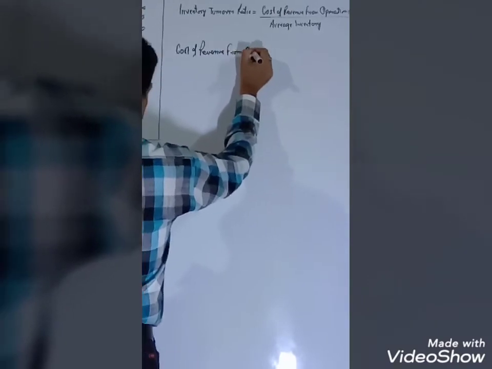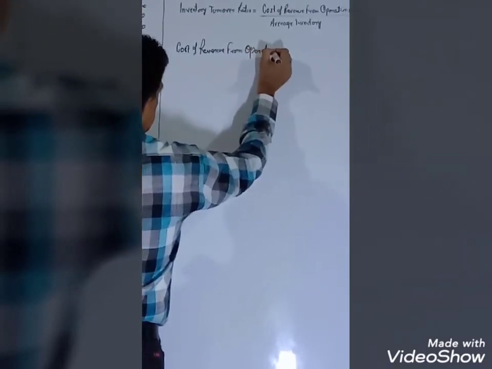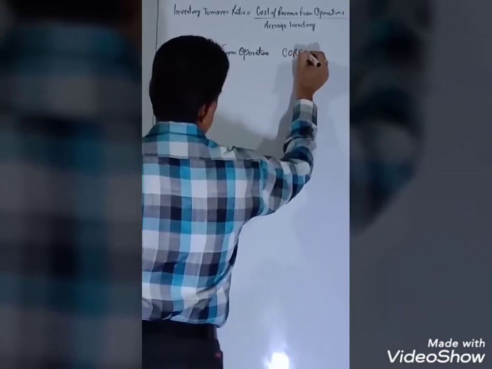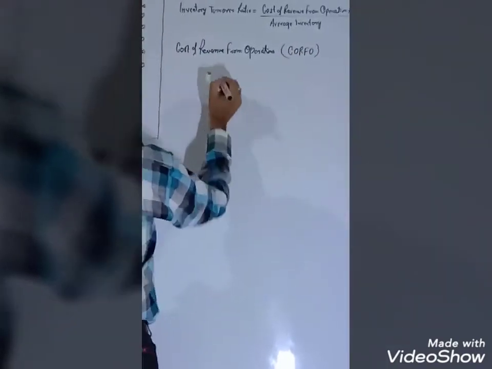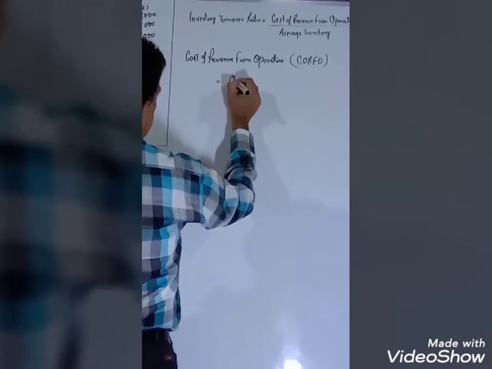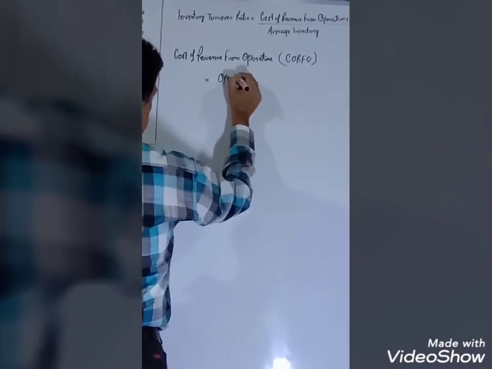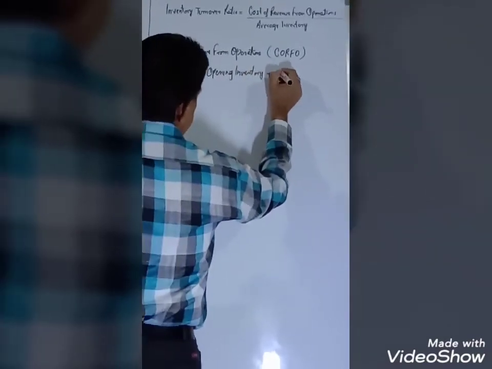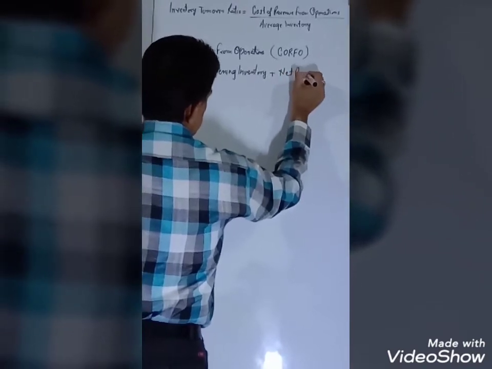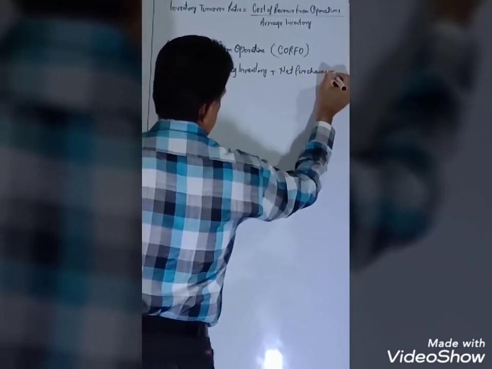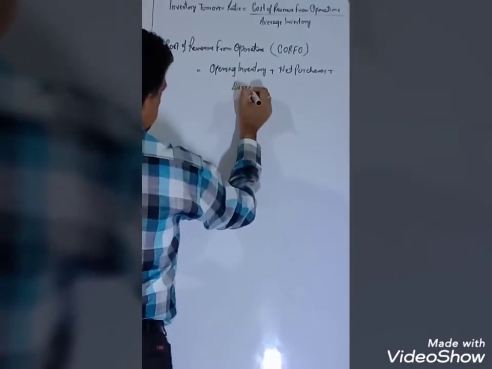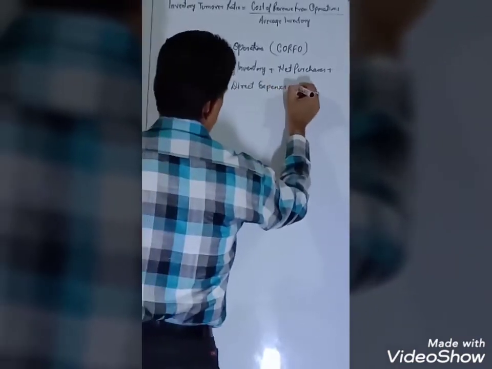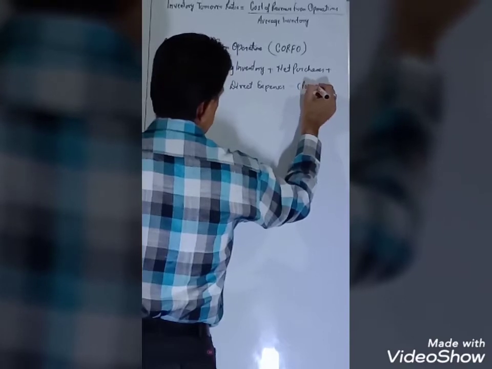We also call it CORFO, is equal to opening inventory plus net purchases plus direct expenses minus closing inventory.